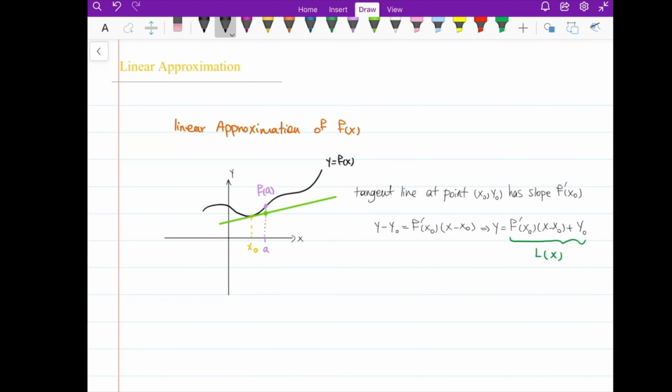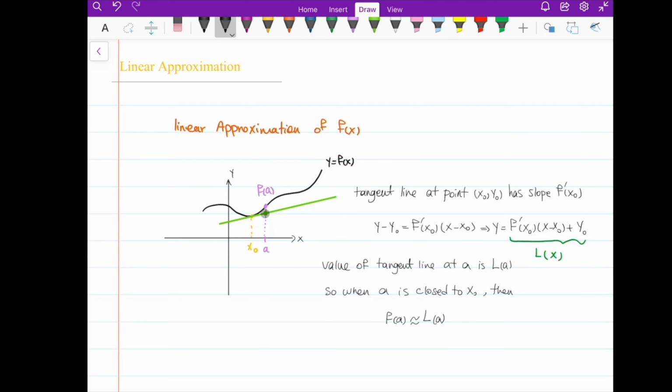Okay, and I say that the value of the tangent line at A is L of a, and so when A is close to x naught, then I can say that the value of the function at A, which is basically this point, is approximately L of a.